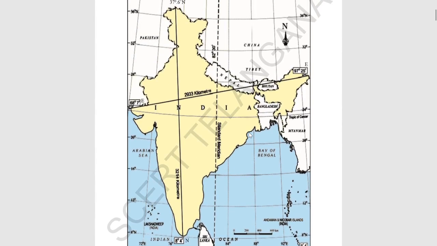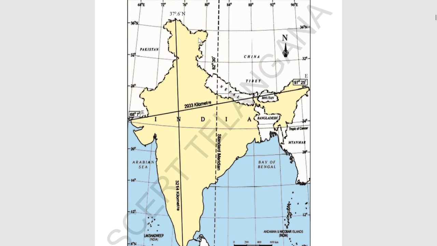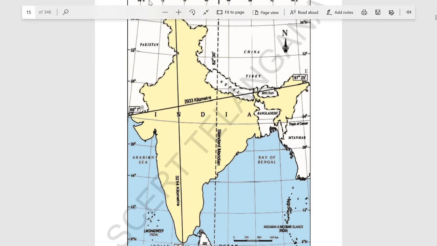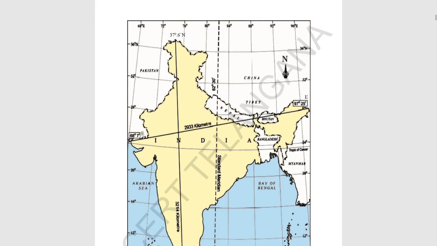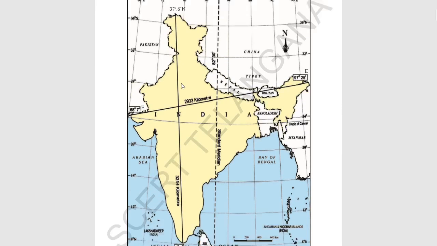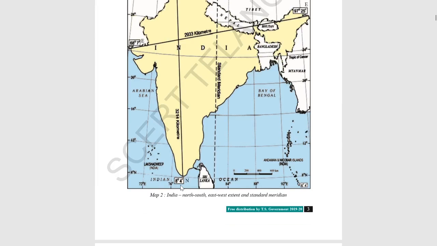When we are talking about India, we say from west to east, but for writing these degrees, we write east only. And from north to south, that is 37 degrees 6 minutes north to 8 degrees 4 minutes north.